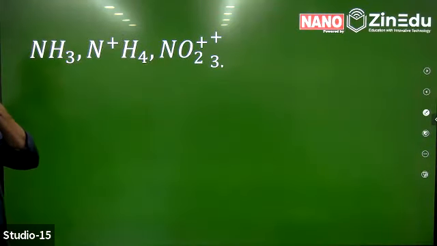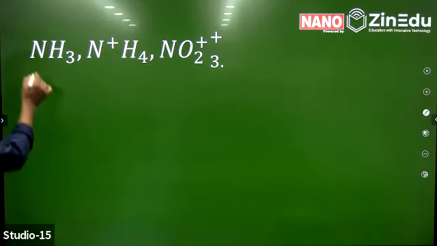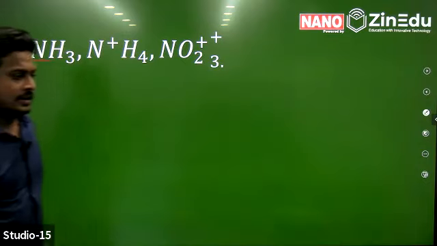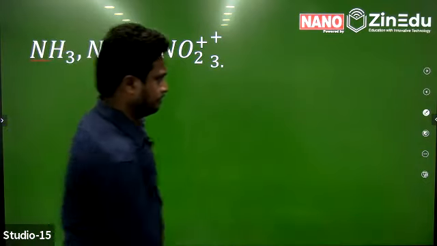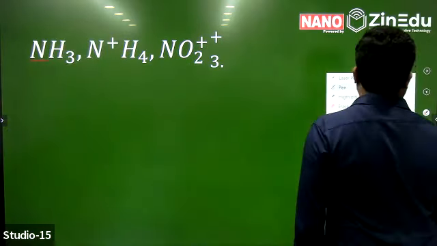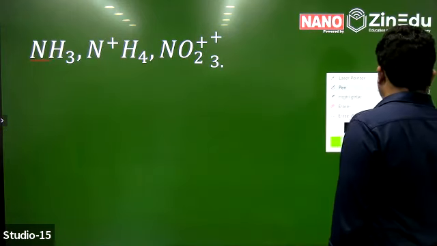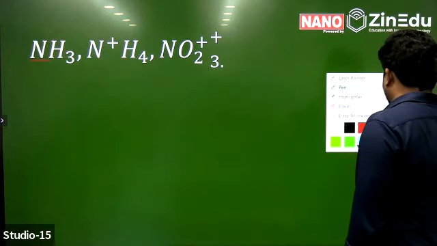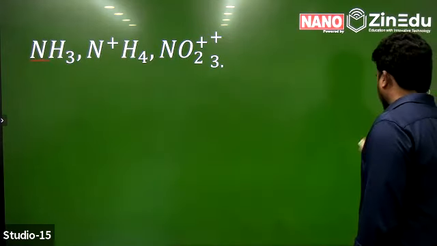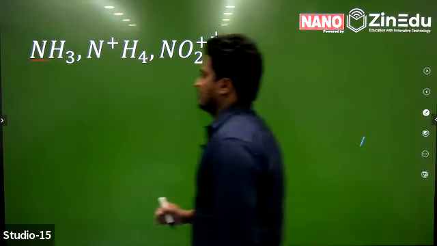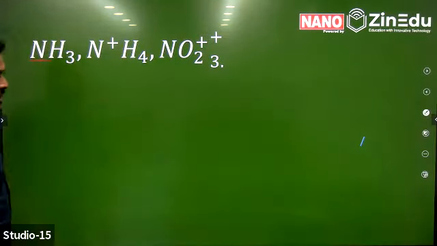Next one, ammonia. What is the hybridization of nitrogen in ammonia? Tell me fast. Today we will do more numericals related to hybridization. In ammonia, nitrogen is the central atom, right?